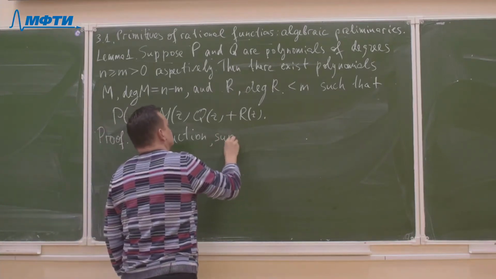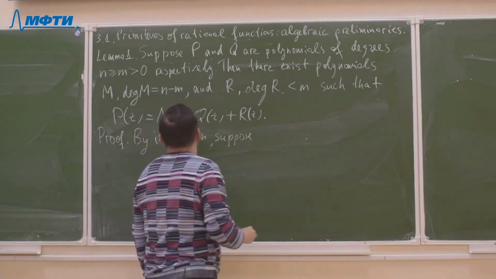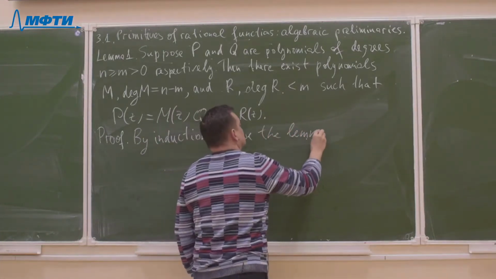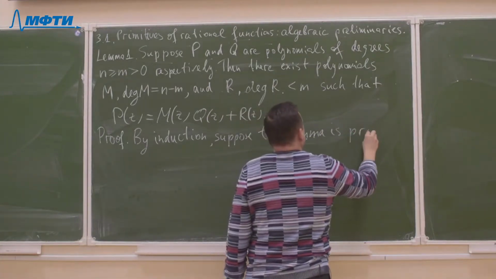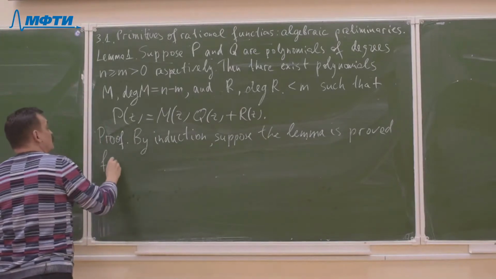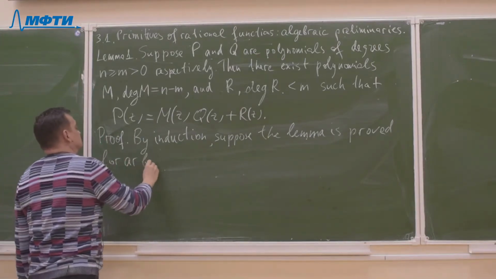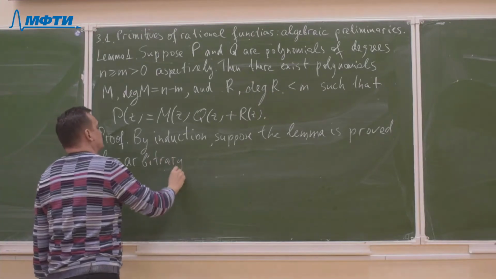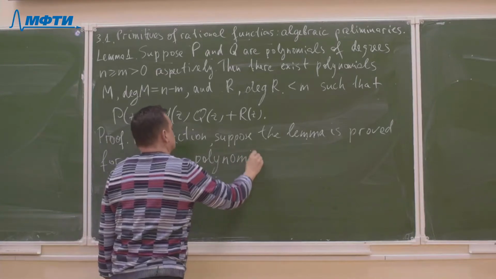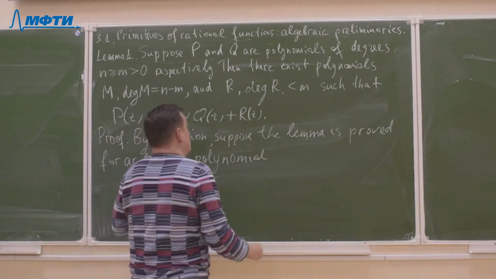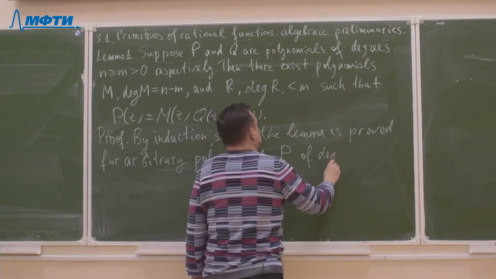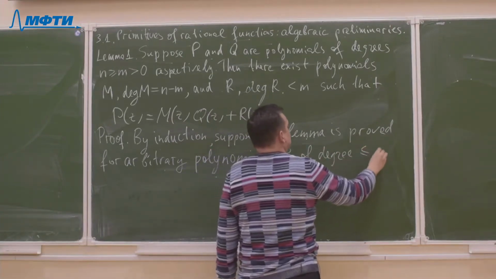Suppose the lemma is proved for arbitrary polynomial P of degree less or equal to k.